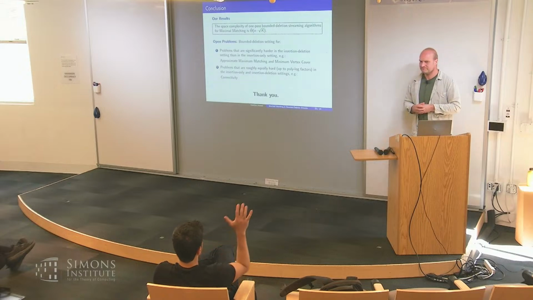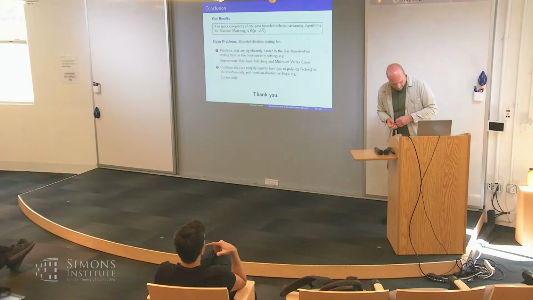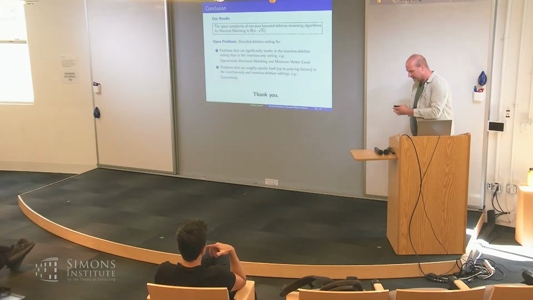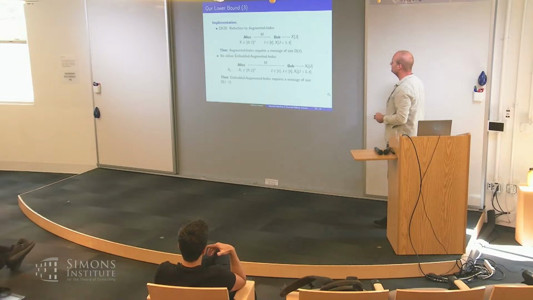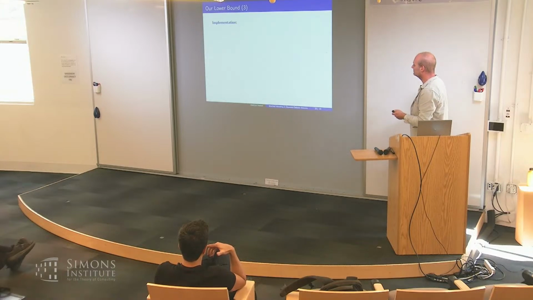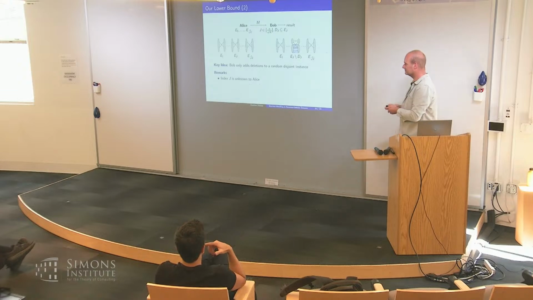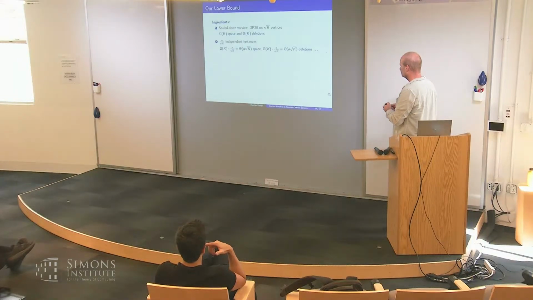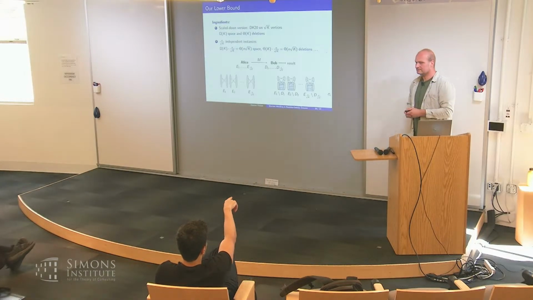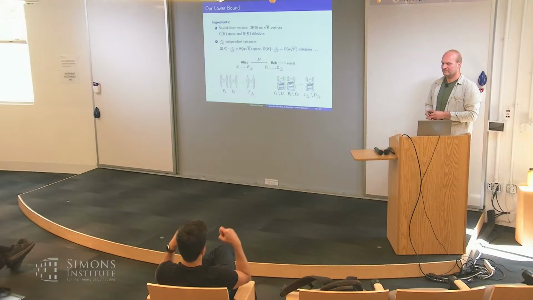Can you go back to the lower bound slide? Sure. So what's the role of these smaller subsets of vertices that you delete, that you do not delete their edges?